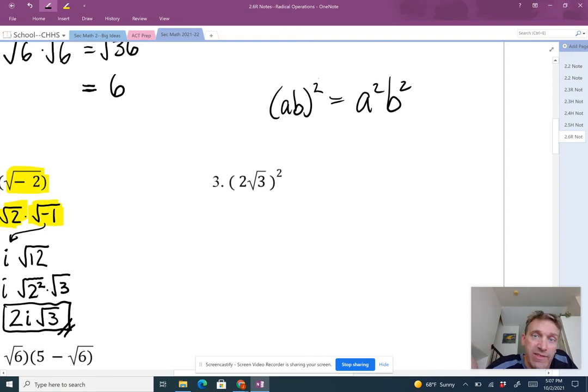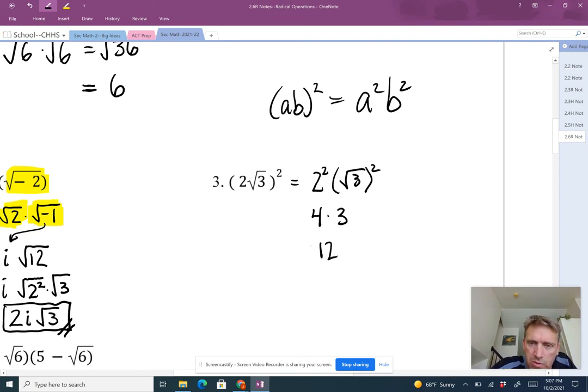A times b raised to the n power is a to the n, b to the n. So in this case, we've got 2 squared times the square root of 3 squared. And 2 squared is 4, and the square root of 3 squared is 3, and 4 times 3 is 12.